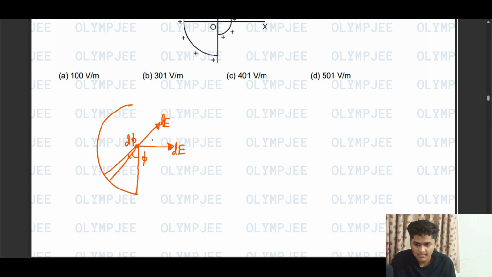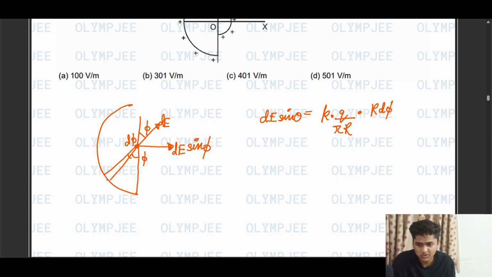So this would be dE. This is phi. So this is dE sine phi. So dE sine phi can be written as K into dQ, which can be written as Q divided by pi r, since the total length of this semicircle is pi r, into r d phi.